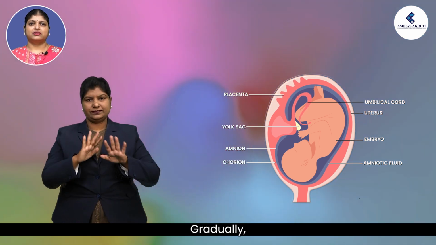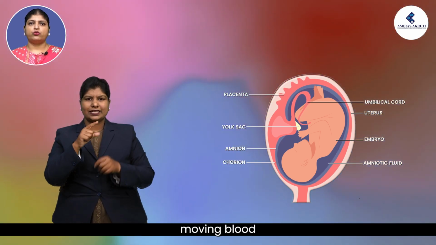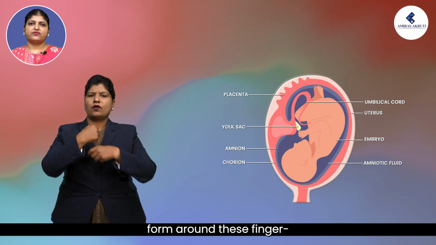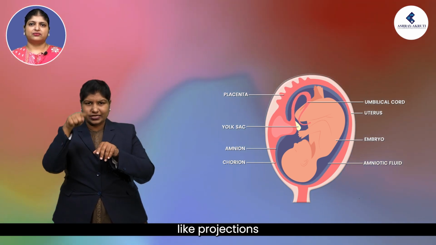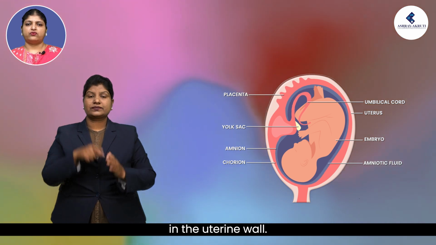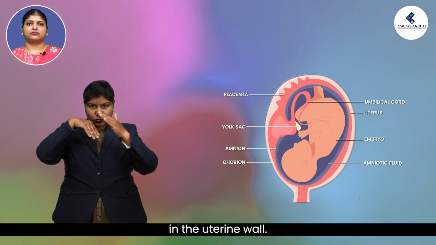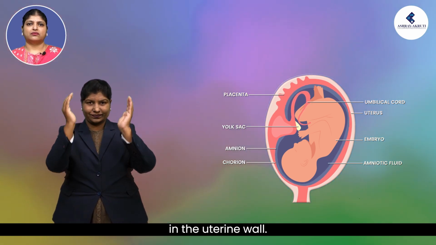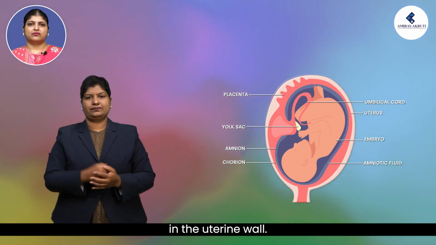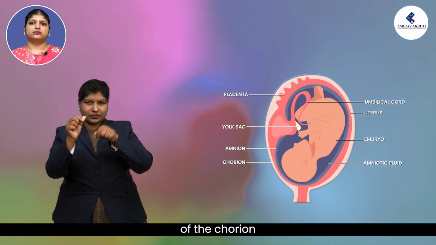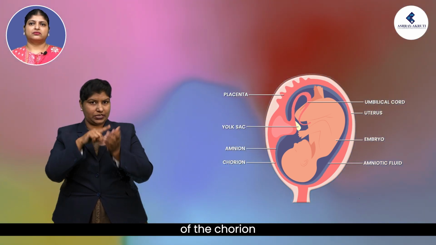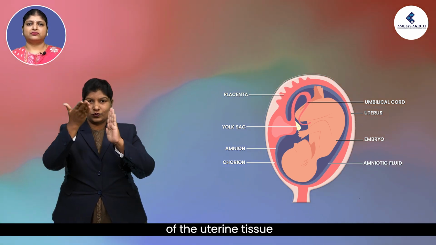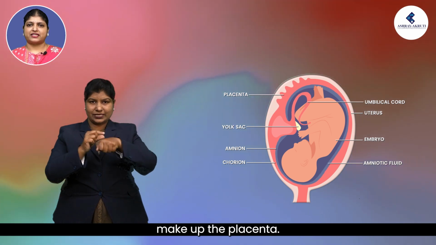Gradually, small pools of rapidly moving blood form around these finger-like projections in the uterine wall. These tissues of the chorion and the adjacent part of the uterine tissue make up the placenta.